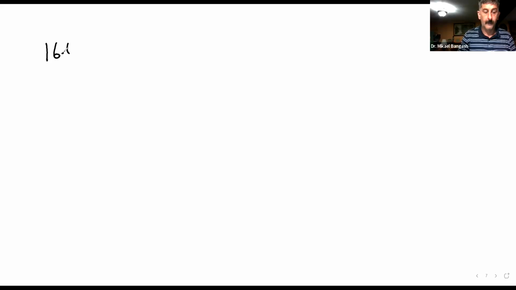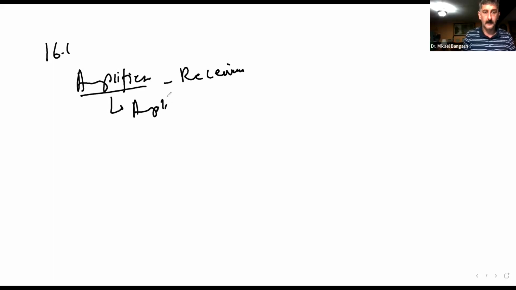Clear? And that will be your amplifier. Now some of you say, well, what is an amplifier? Well, they just refer to that as the receiver. Why do they call it amplifier? Mainly because one of the major functions of the receiver is amplification.